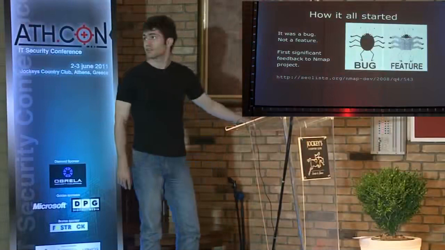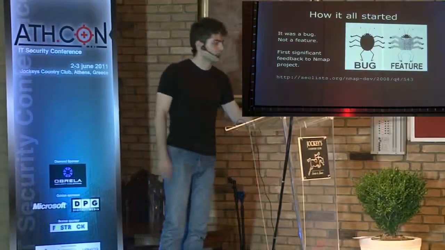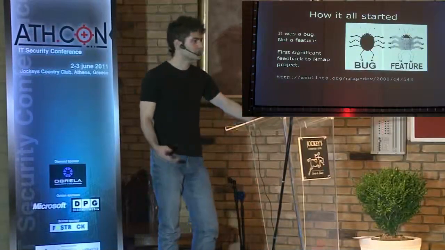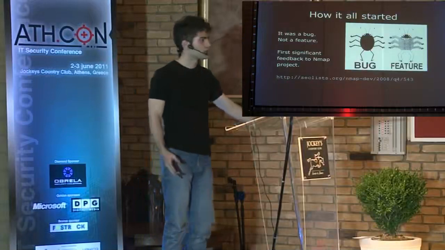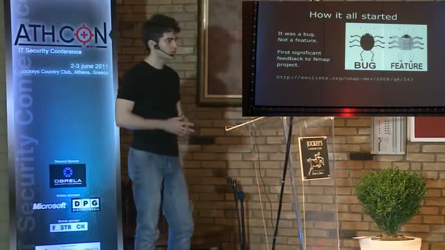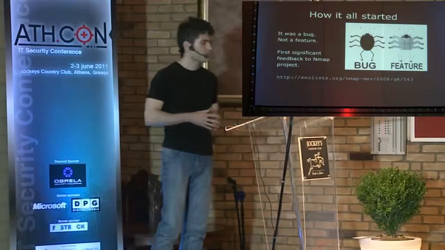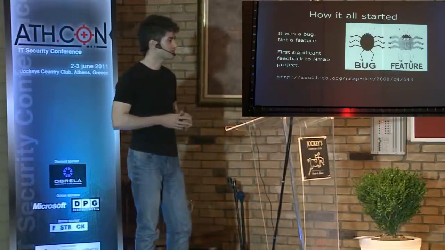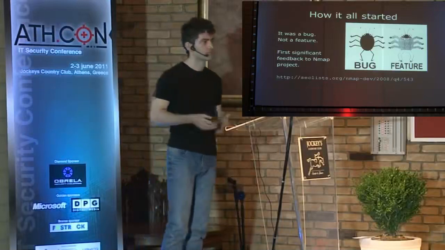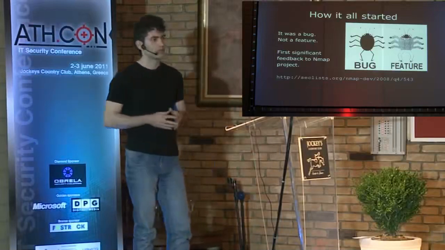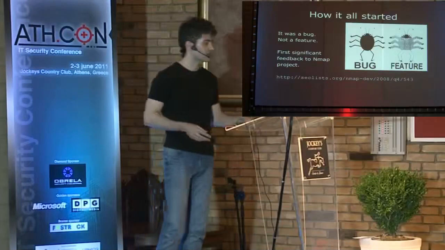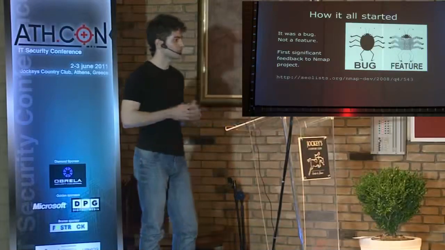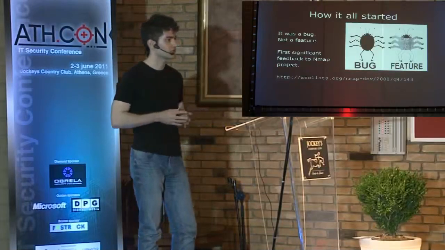Now, how it all started. Back in November 2008, I was studying a lot about code inspection and code auditing. The book that is considered the Bible for this field is The Art of Software Security Assessment, which has been written by security gurus John McDonald, Mark Dowd, and Justin Schuh.